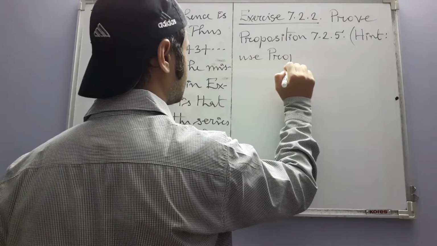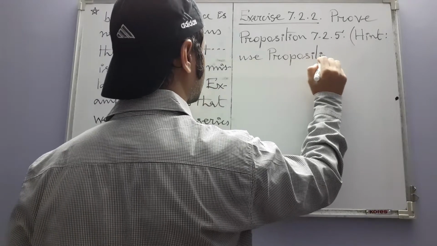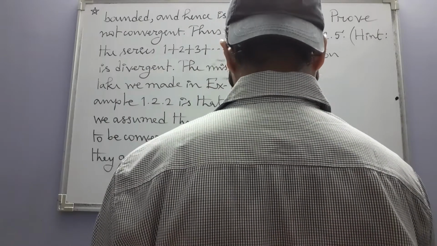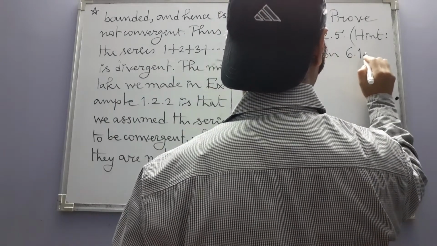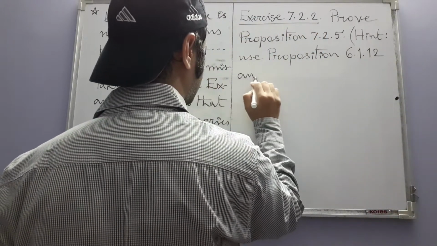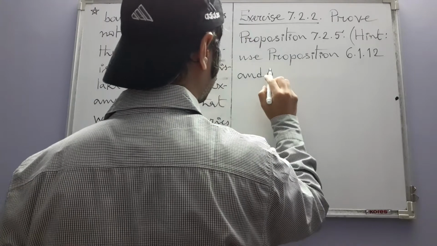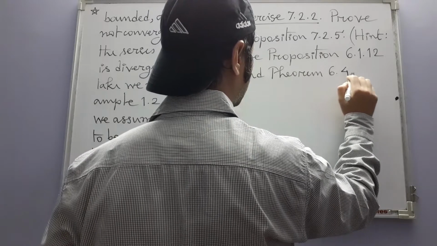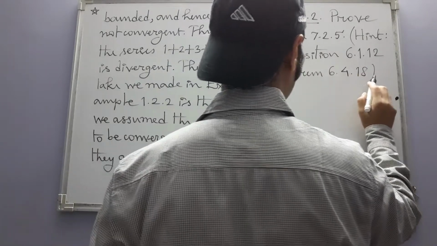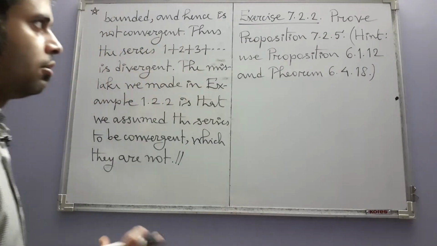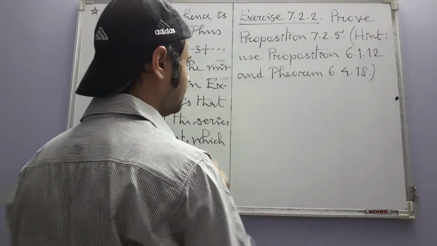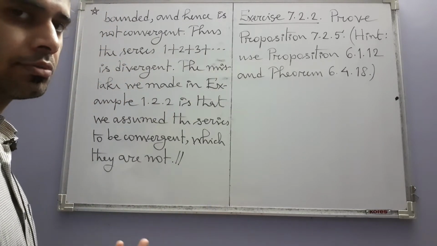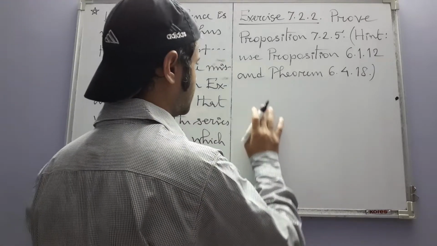Use proposition, which one? 6.1.12 and Theorem 6.4.18. Six means from the 6th chapter, that is consequences. So the thing first we will do is we will recall the statement of this proposition, and then we will start solving the exercise, that is we will prove it.